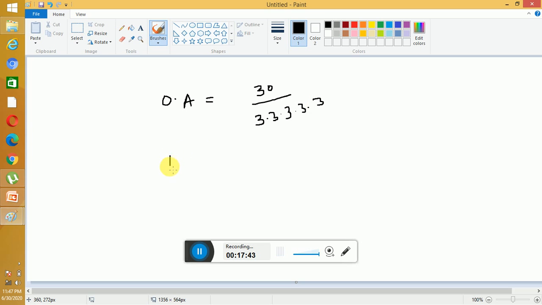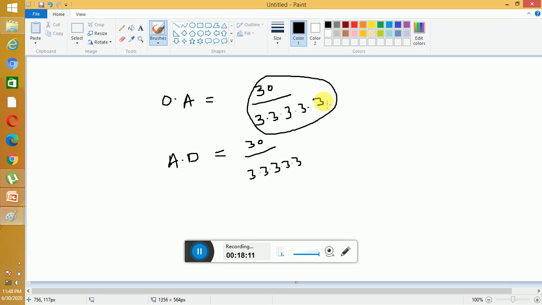Fine. Now in annuity due, the formula will remain the same. It will be 30 divided by 3 and so on. See, here we divide it 5 times: 1, 2, 3, 4, 5.